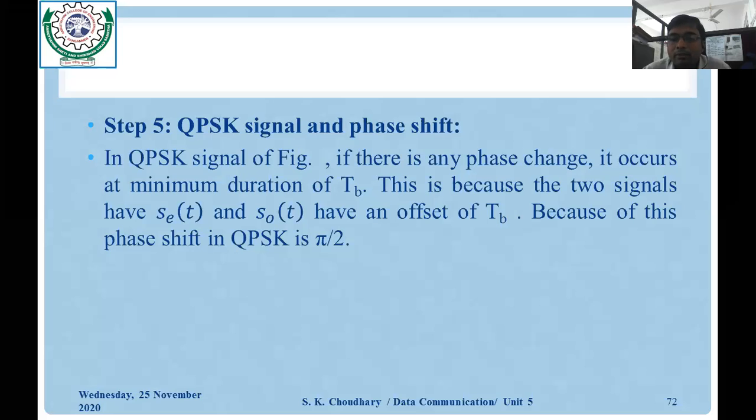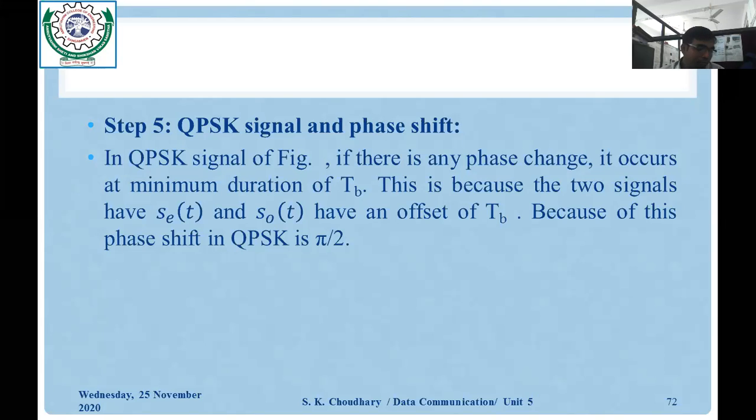For this duration, the phase change would be continued. And this is because the two signals, S_e(t) and S_o(t), have an offset of Tb, since the even and odd signals have an offset delay of Tb between them.